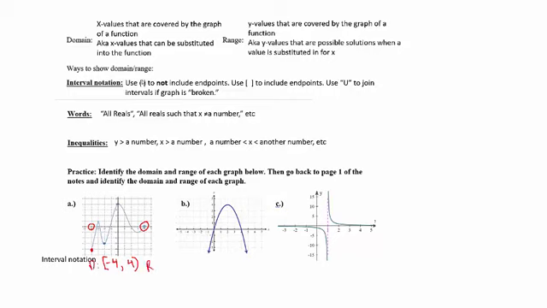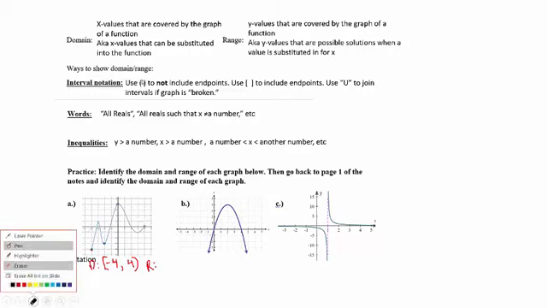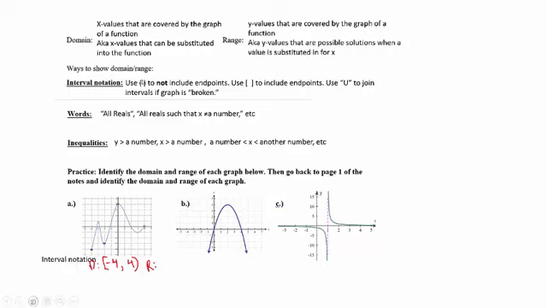So now we're going to do our range. Now we're going to look at the y-axis. All right, the very lowest point on this little graph would be right here at -4. So this is the lowest point.